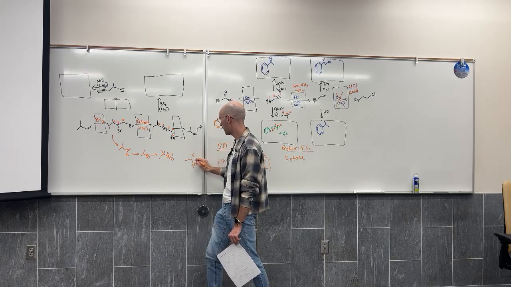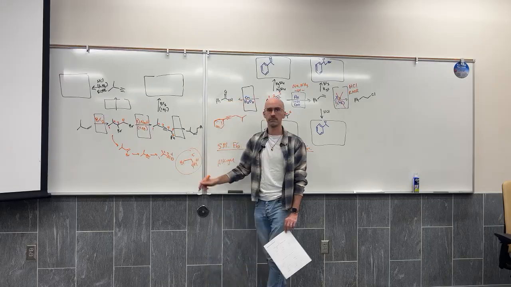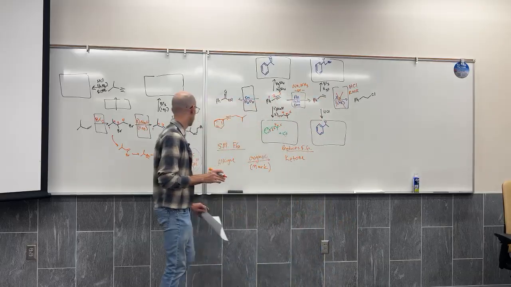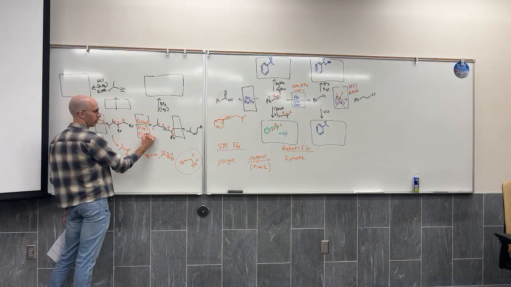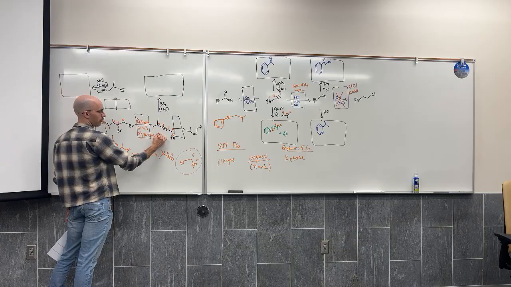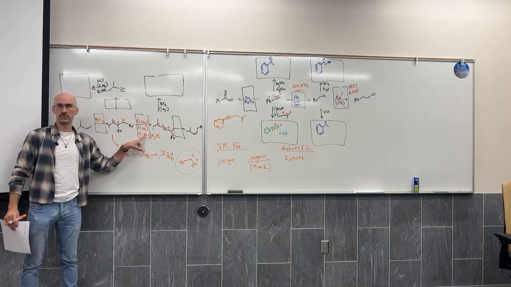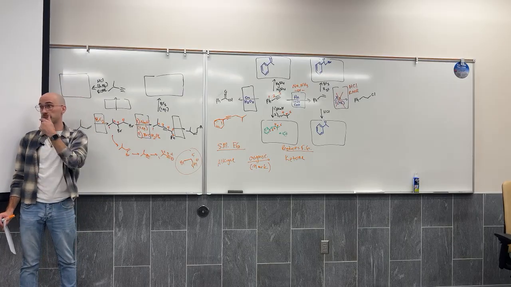So here's 5, here's 6, and I'm going to put a bromine. I could put a chlorine. I could put an iodine. Those are all good leaving groups. So step 2 is Br, CH2, Ph. My substitution step introduces the carbons that I'm missing.